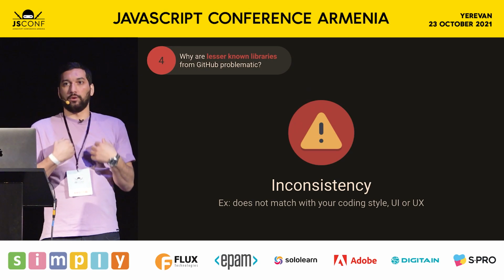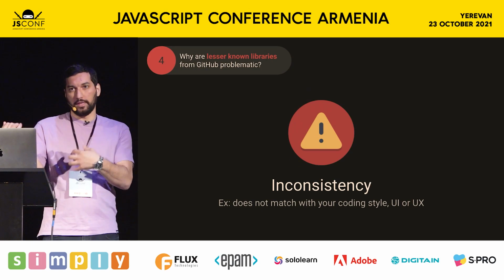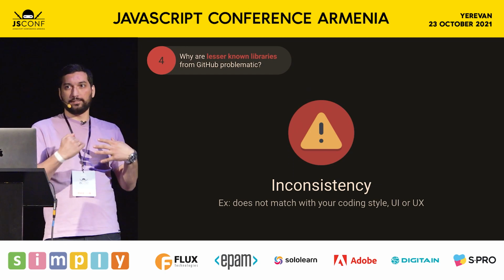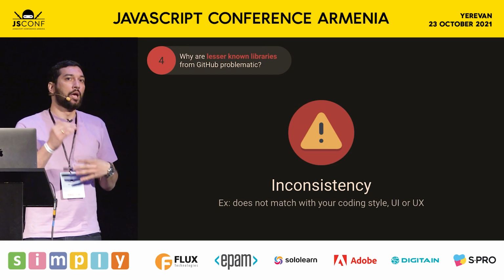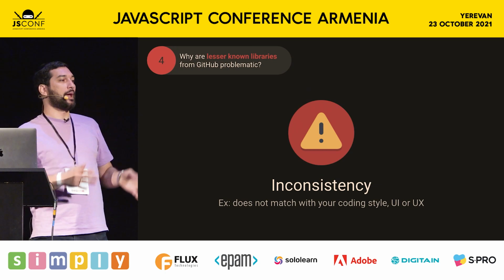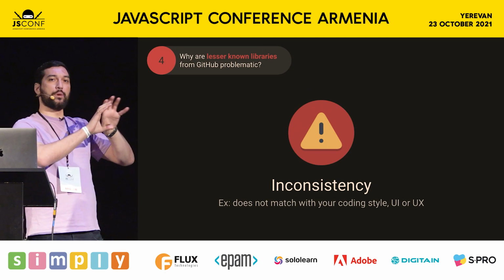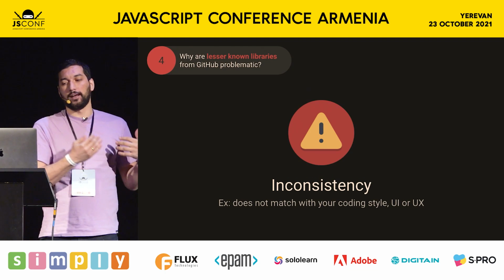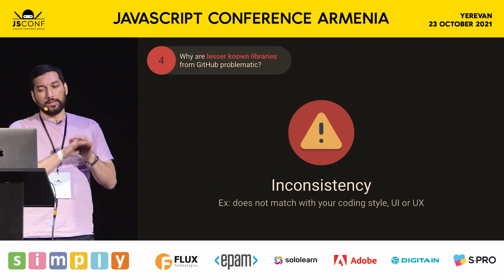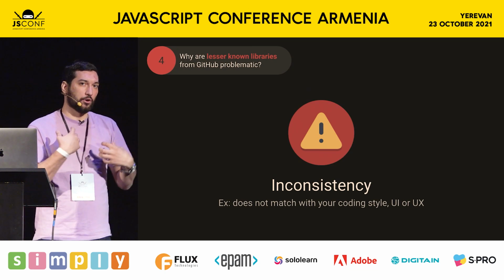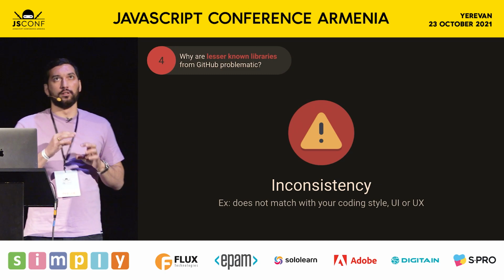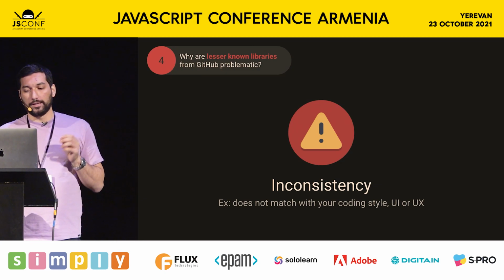So your coding style and the way you're thinking may mismatch with the vendor, or your UI and UX decisions could be completely different, because you may have a certain paradigm and a list of forms, and the minute you add an external component, it's really difficult to match that unified style. You can always try your best to mimic your native look and feel, but it's never the thing that people like, and there's always the problem.